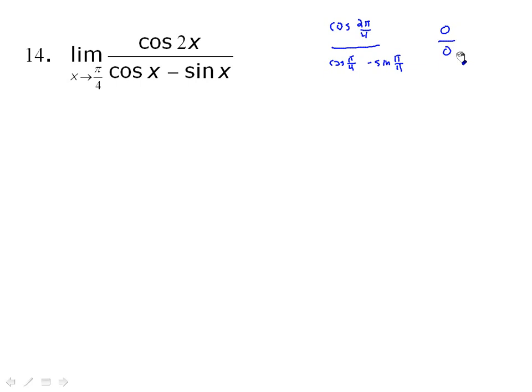So it means we can go further with it. The only real thing we can do with this, as far as I can tell, is that numerator, cos 2x. And then we have to deal with which version of the identity we want to use. Because I'm looking ahead and I see cos x minus sine x, I'm thinking that if we take that numerator, the double angle, and break it into cos squared x minus sine squared x, we've got a good chance at factoring that one down and then getting a cancellation.